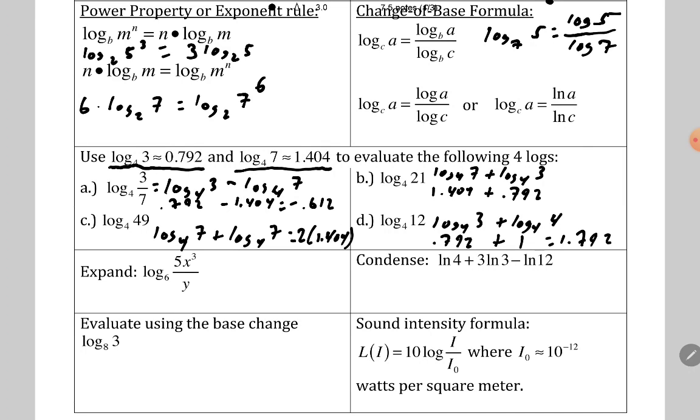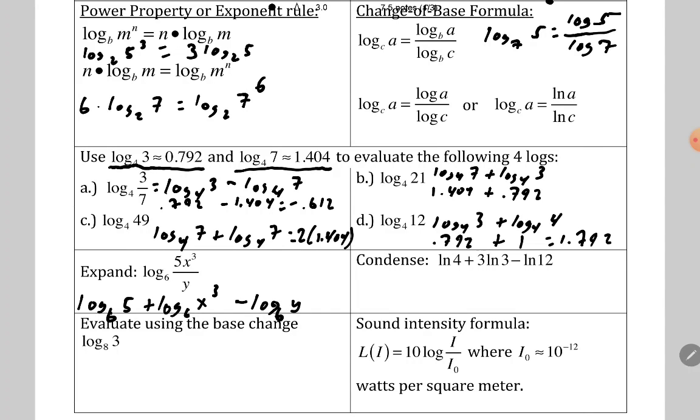Alright, expand log base 6 of this mess. So things that get multiplied together get added. So we have log base 6 of 5 plus log base 6 of x cubed minus log base 6 of y.